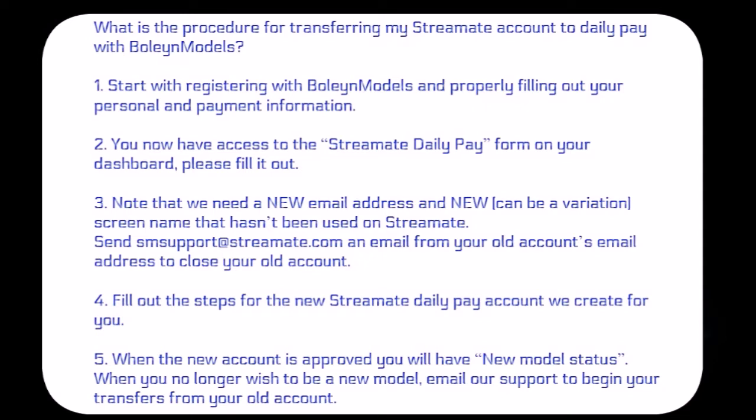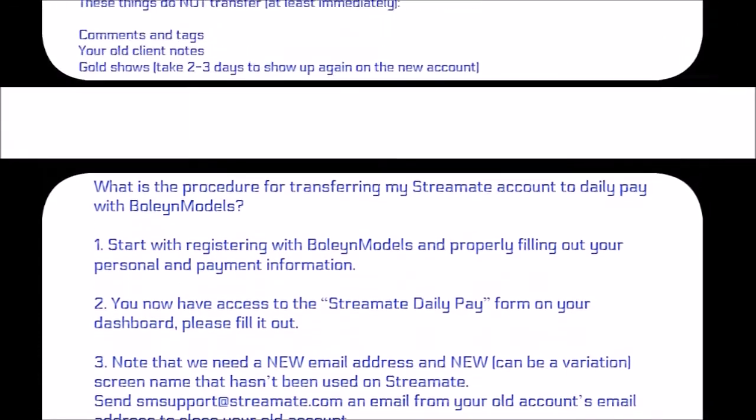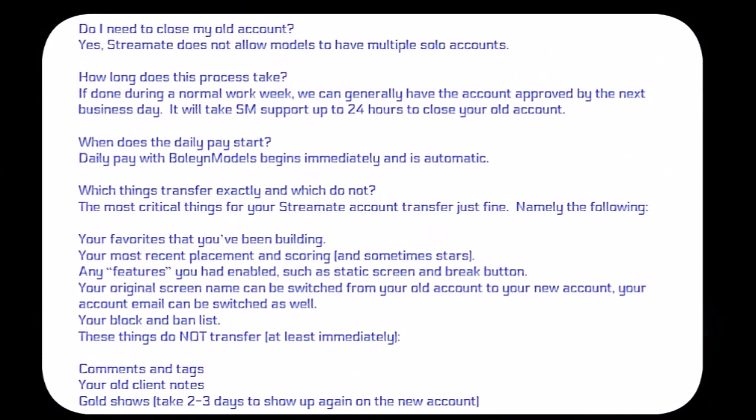You're going to start with a newer email address and sign up with a brand new model name. You're not going to be able to sign up with the original name, but we can change that later. You're going to need to send an email to Streamate support at streamate.com and request that your old email account get deleted. Just remember, don't use the same email address as before when you're signing up with us.